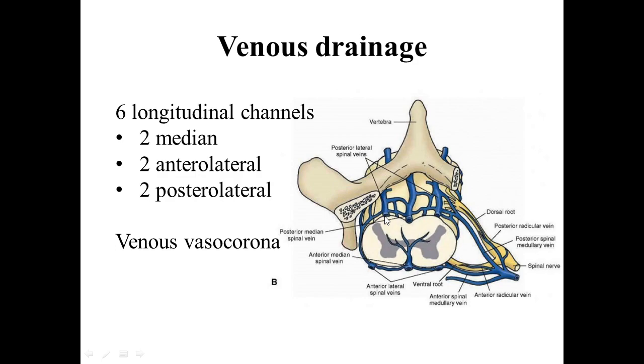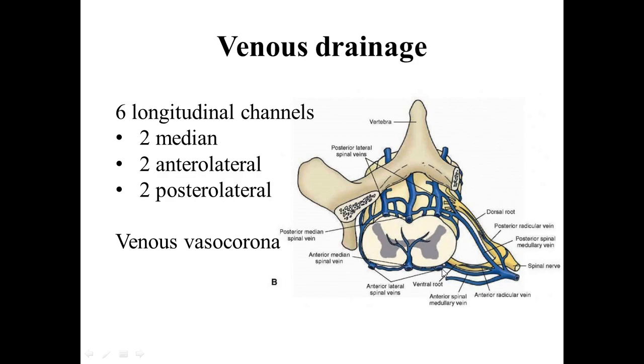Then venous drainage. Surrounding the spinal cord, there are 6 longitudinal venous channels: 2 median, 2 anterolateral and 2 posterolateral. The 2 median channels: one is situated in the anterior median fissure and the other in the posterior median sulcus.